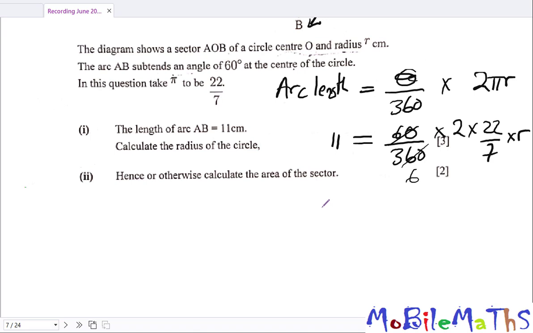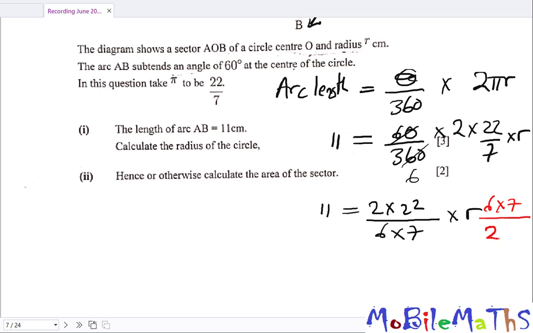So I have an equation like 11 is equal to 2 times 22 over 6 times 7, then times r. So to simplify my life, I'm going to multiply by the inverse of this, such that here I'll multiply by 6 times 7 over 2 times 22.